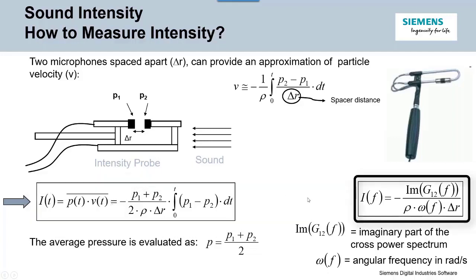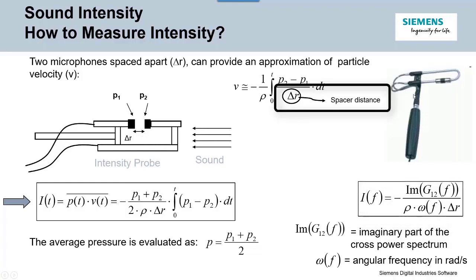If you do the FFT of that, you get the transformation in the frequency domain, given on the right-hand side. Intensity in terms of frequency is the imaginary part of the cross spectrum divided by the angular frequency in radians per second. Delta R is the spacer size, a fixed known distance between the two microphones that has to be known.